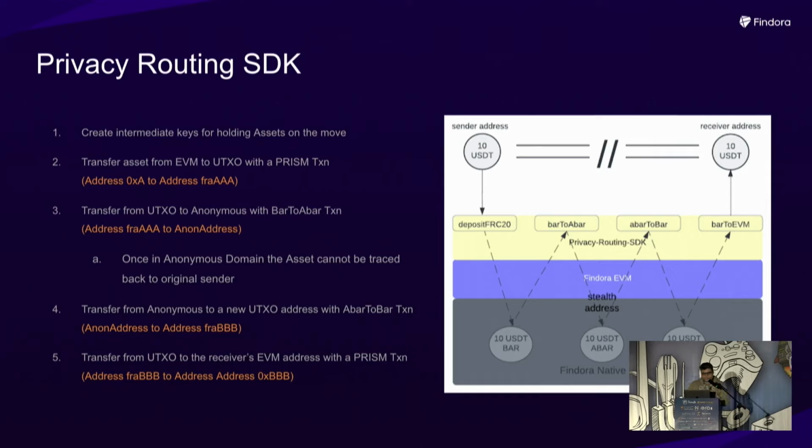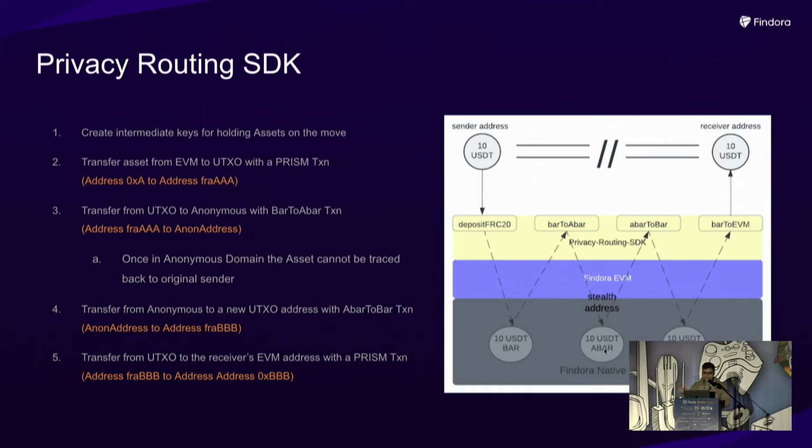So it's not a completely straightforward, single transaction from sender to receiver. What happens, as you can see in this diagram, is you have the asset in the EVM, and it is converted through Prism to the Findora UTXO chain, and from that it is converted to the anonymous domain.